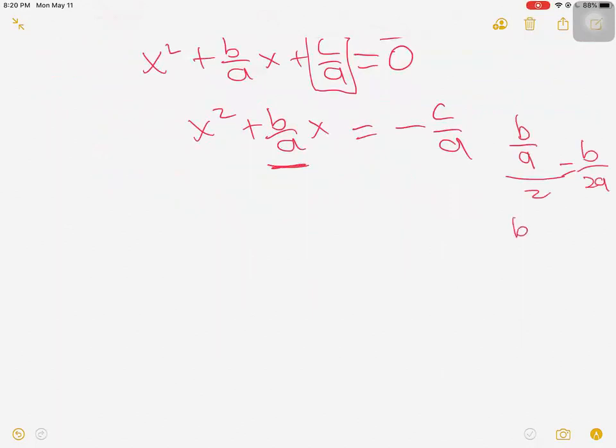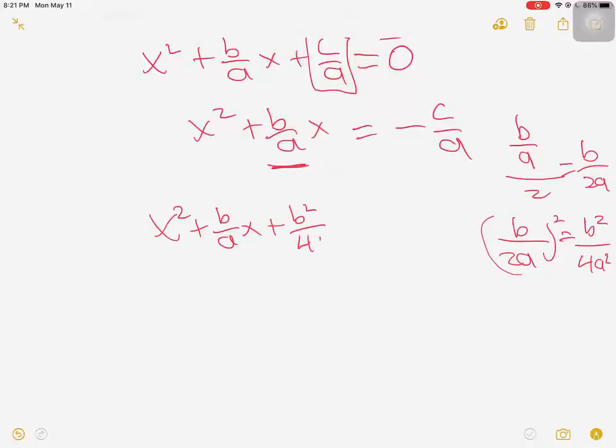Then we square this number, which is b squared over 4a squared. So we get x squared plus b over a x plus b squared over 4a squared is equal to b squared over 4a squared minus c over a.